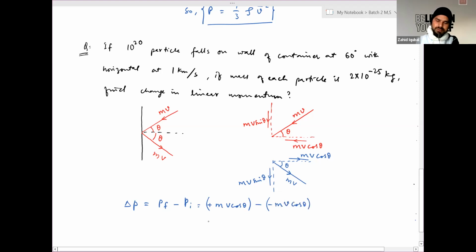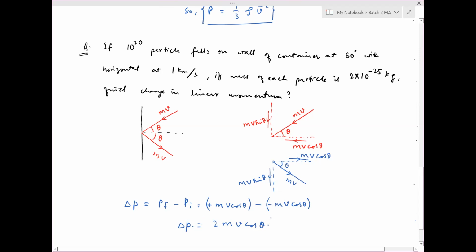This minus will become positive. So in total, we have 2 times mv cos theta as the change in linear momentum during this entire process, and due to this change in momentum, it will exert pressure or force normally on the wall of the container. Is it clear?